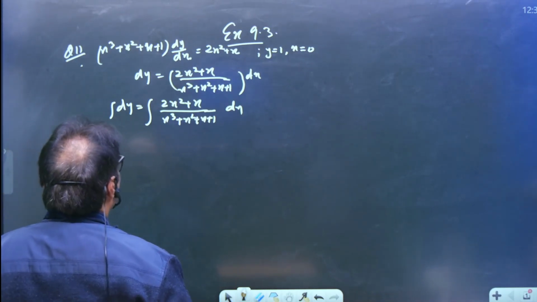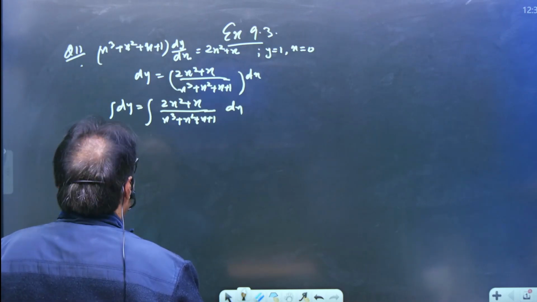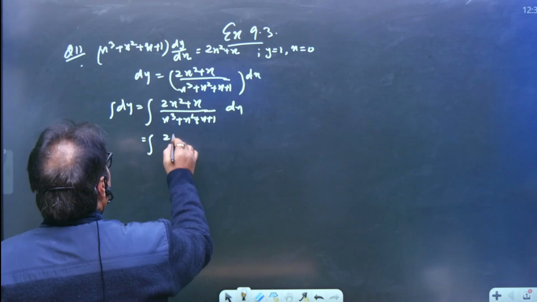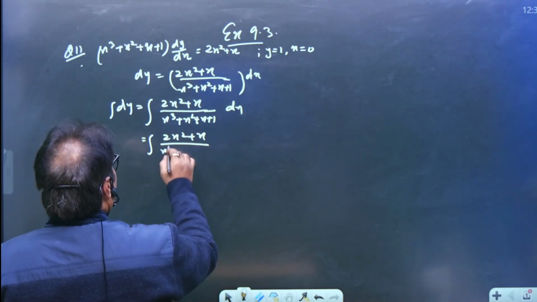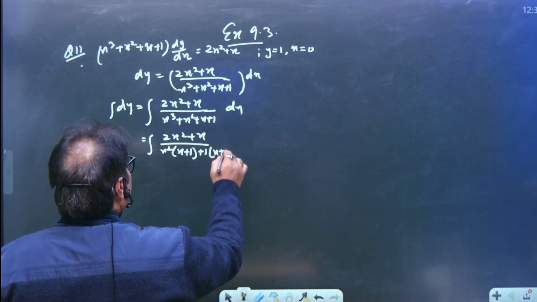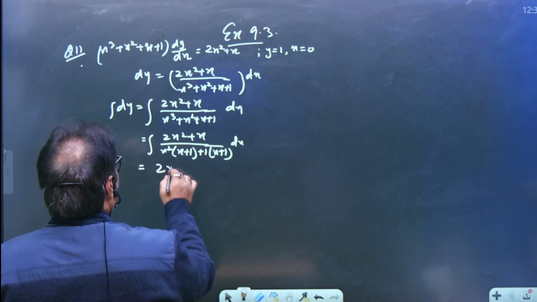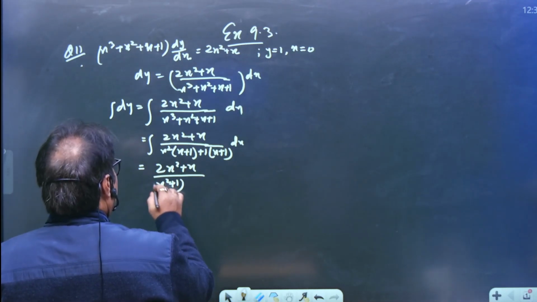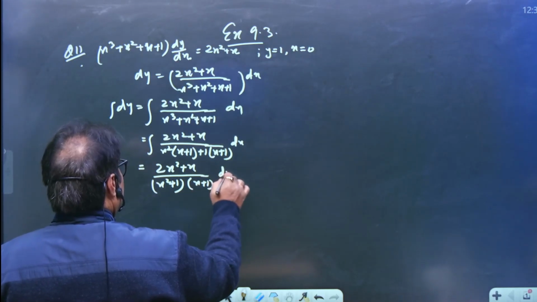Here, in the denominator, x² is coming common from the first two terms, so x² (x + 1), and 1 is coming common, (x + 1), and dx. So this is (2x² + x)/((x² + 1)(x + 1)) dx.